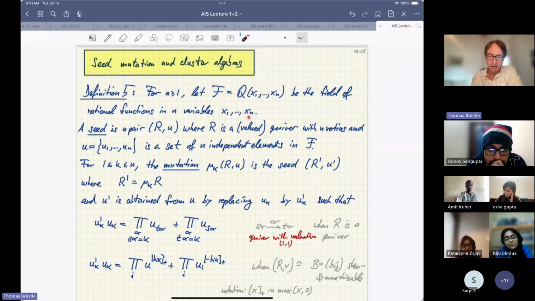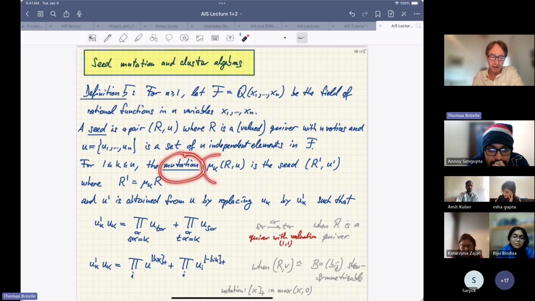So the number of vertices and the number of variables need to coincide. The seed is given by a quiver and a set of rational functions which are algebraically independent in this field F. Then we need to define a seed mutation.